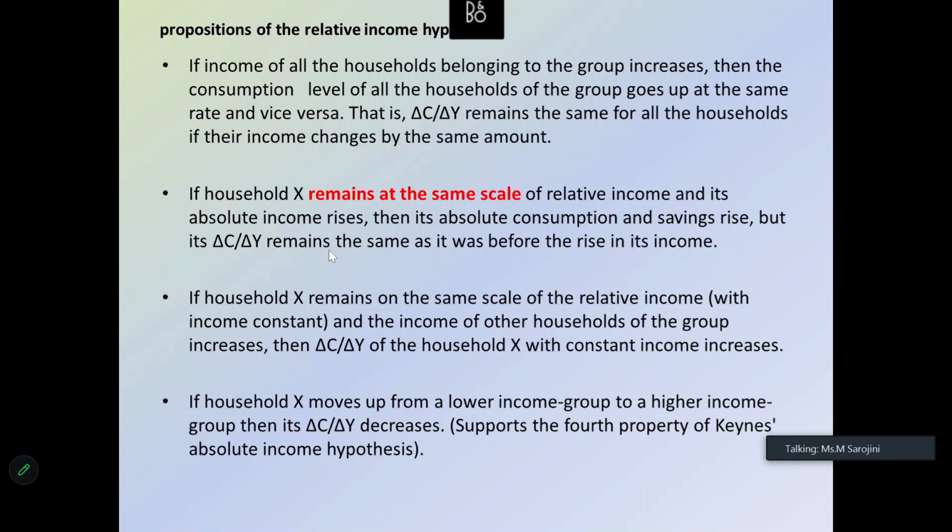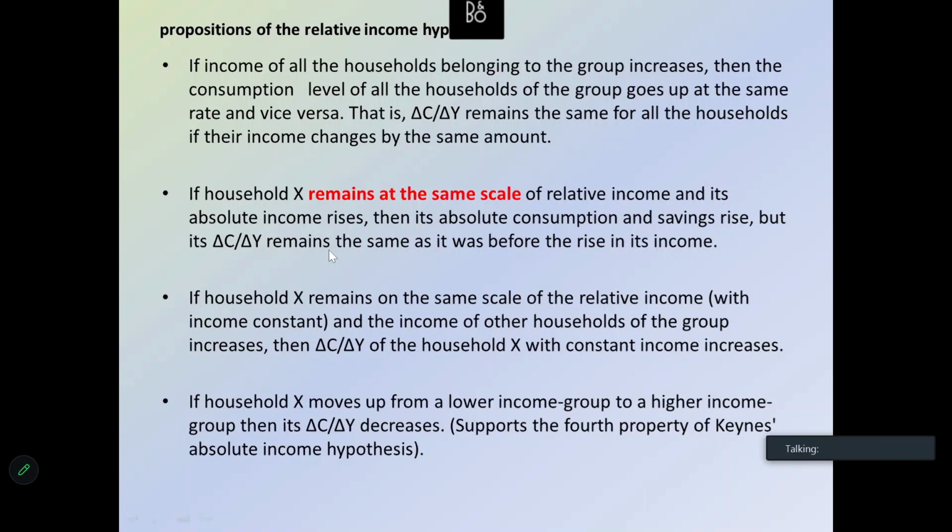This is also explained by the Keynesian one. Right? Once the income increases, MPC will decrease, right? This supports the Keynesian hypothesis as well. So these are the properties of the relative income hypothesis.